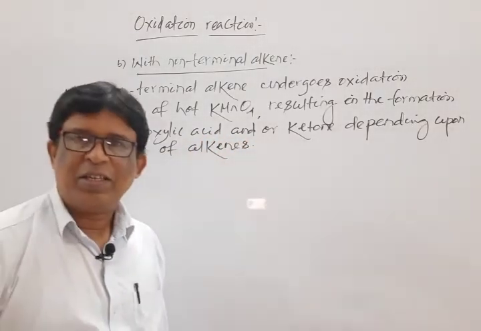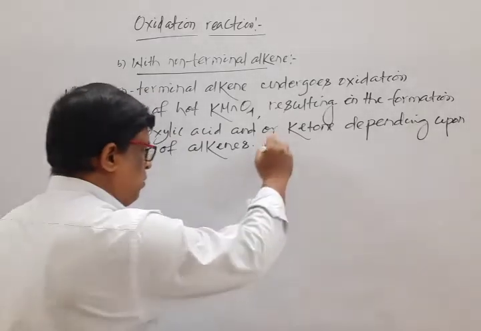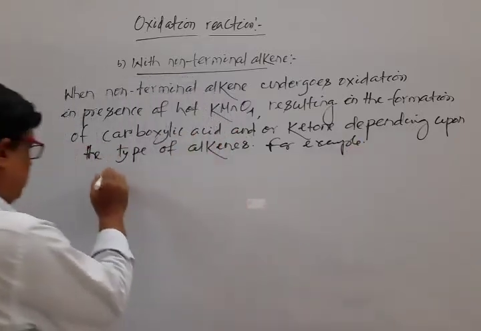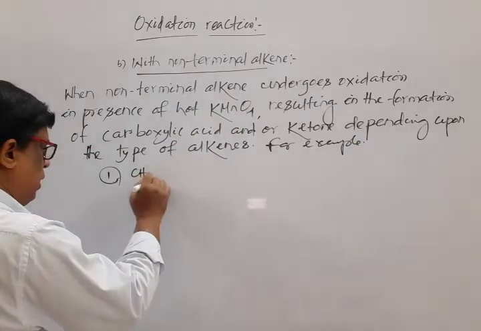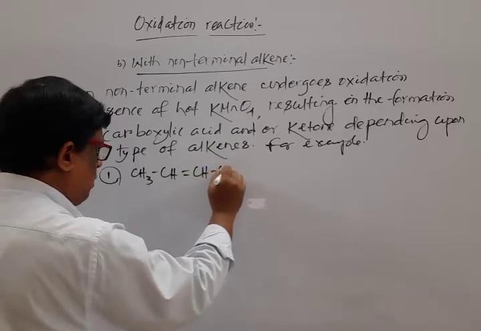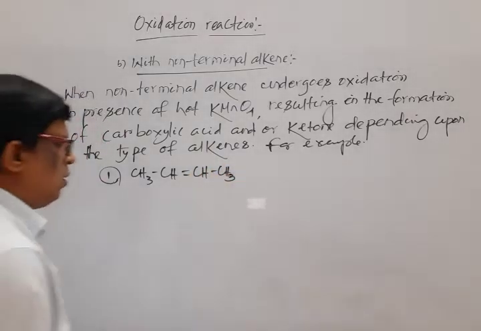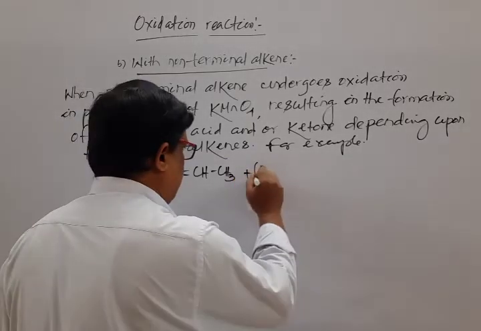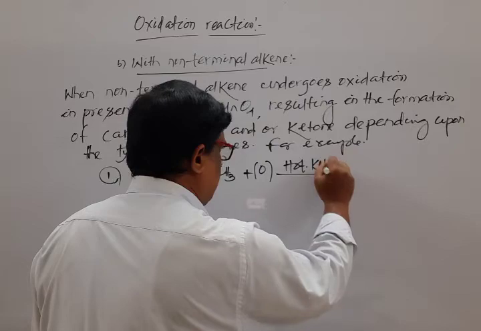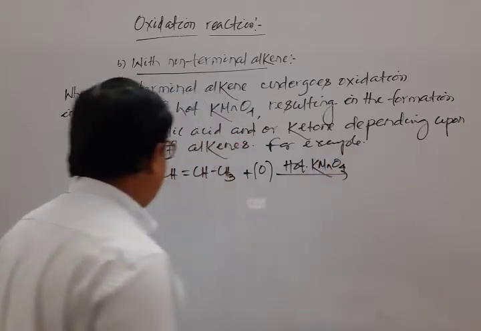Okay, so let us discuss some examples. For example, bit 1, CH3 CH=CH CH3, when it undergoes oxidation with hot KMnO4, what happens?